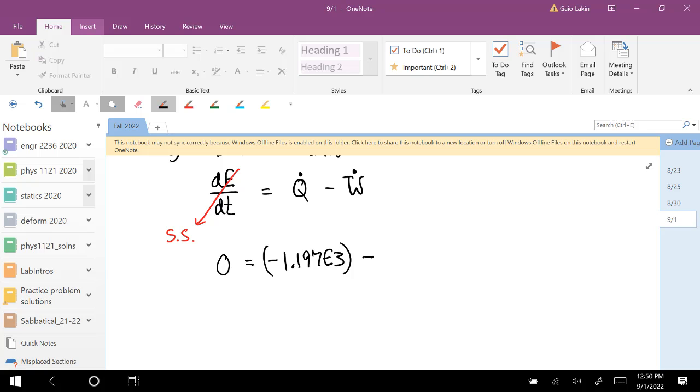Work is added to the system there. So is that W dot positive or negative? That'd be positive. Any other guesses? Yeah, negative. Because remember, positive Q is energy coming in, positive W is energy going out. So this is negative, what did I say? 60 kilowatts. So that's 60 times 10 to the third watts.